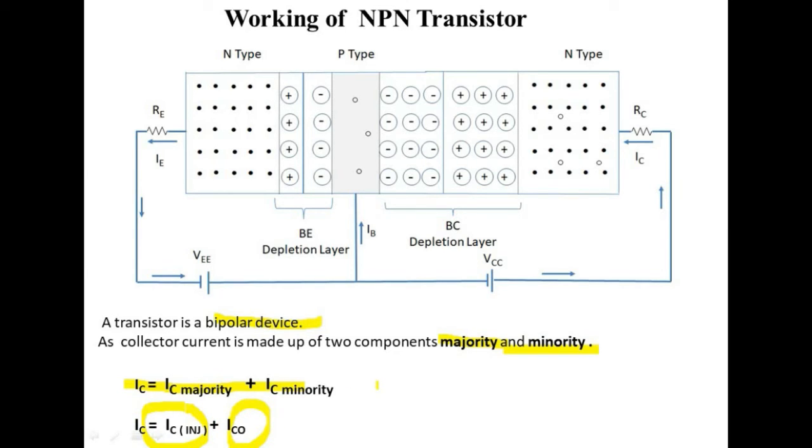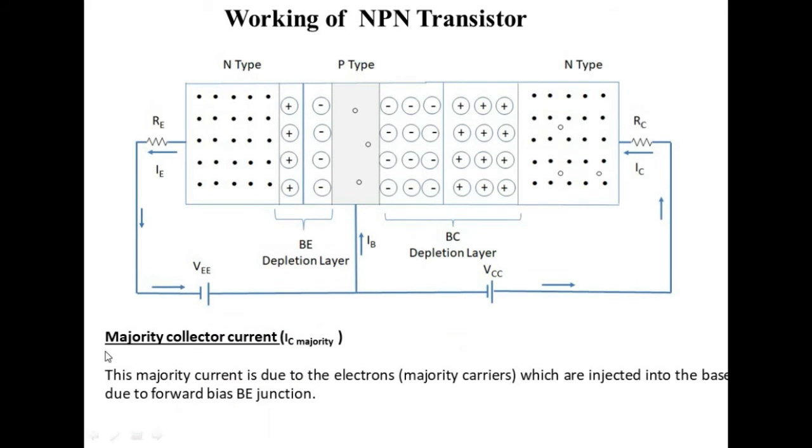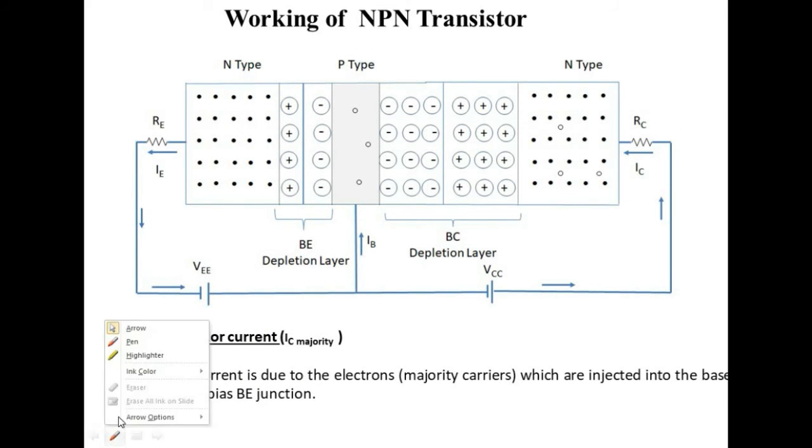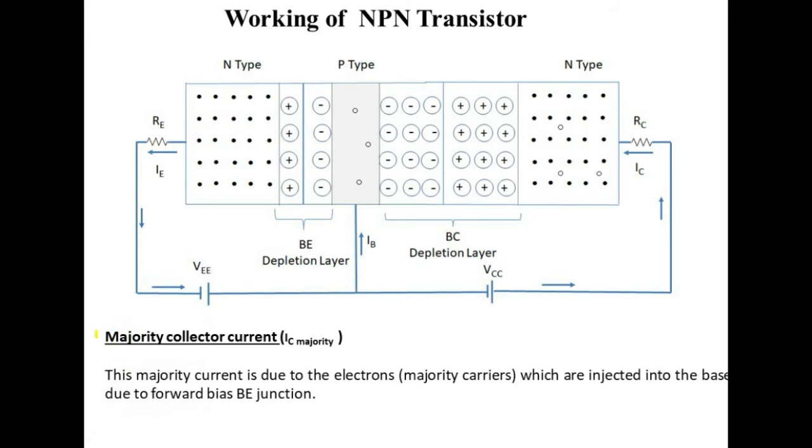Let us study the majority component of this collector current. In this we are going to study the majority carrier current, that is IC majority. This majority current is due to the electrons, the majority carriers in N type, which are injected into the base due to the forward biased BE junction.